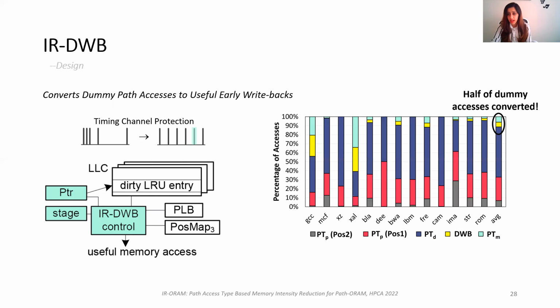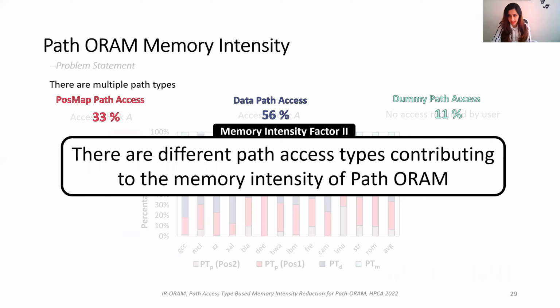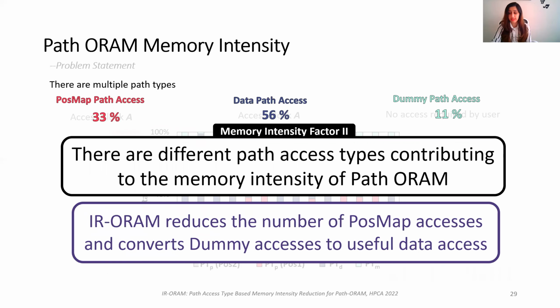It converts half of the dummy path accesses into useful writebacks. Revisiting the second factor of memory intensity, IR-ORAM reduces the number of postmap accesses and converts dummy accesses to useful data access.